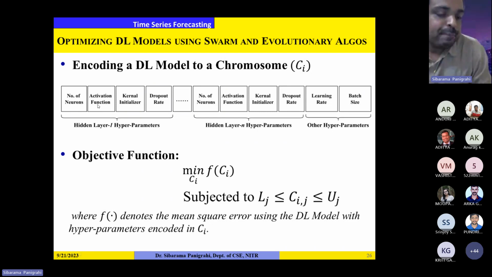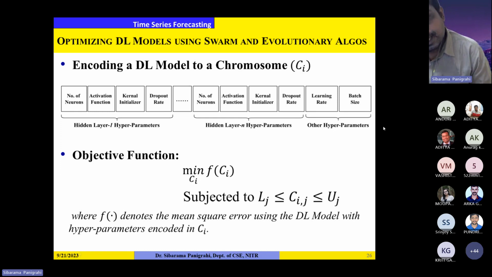So what is our objective? We have to minimize the fitness function of Ci, where Ci means the chromosome. This chromosome denotes a deep learning model. That is, in the first hidden layer, how many neurons, what is the activation function, what is the kernel initializer, what is the dropout rate. In the second hidden layer, the number of neurons, activation function, kernel initializer.